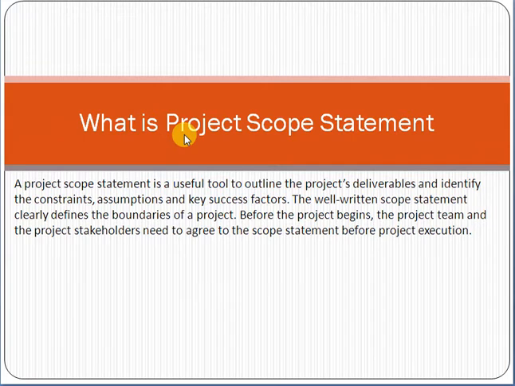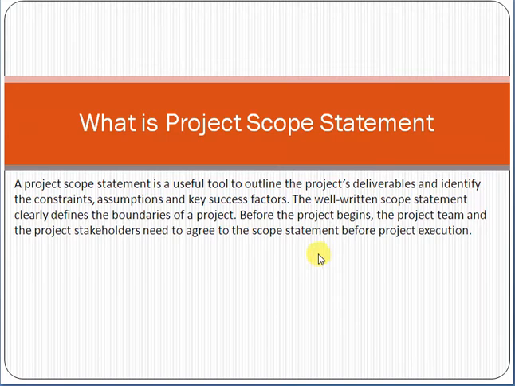As per the definition, a project scope statement is a useful tool to outline the project deliverables and identify the constraints, assumptions and key success factors. A well written scope statement clearly defines the boundaries of a project. Before the project begins, the project team and the project stakeholders agree to the scope statement before project execution.